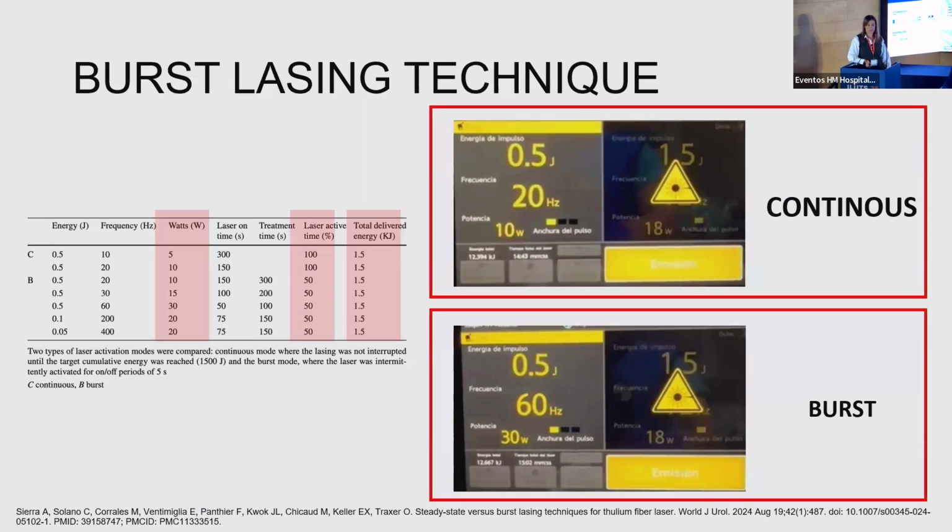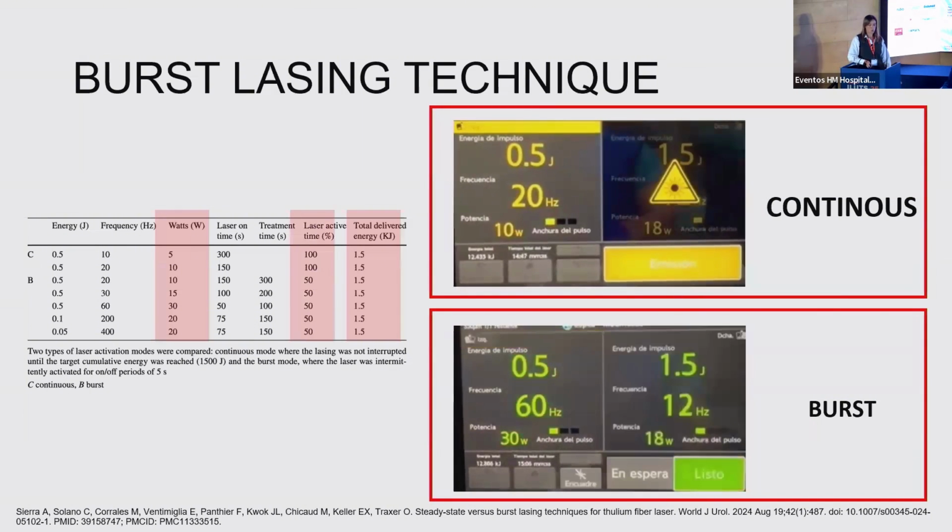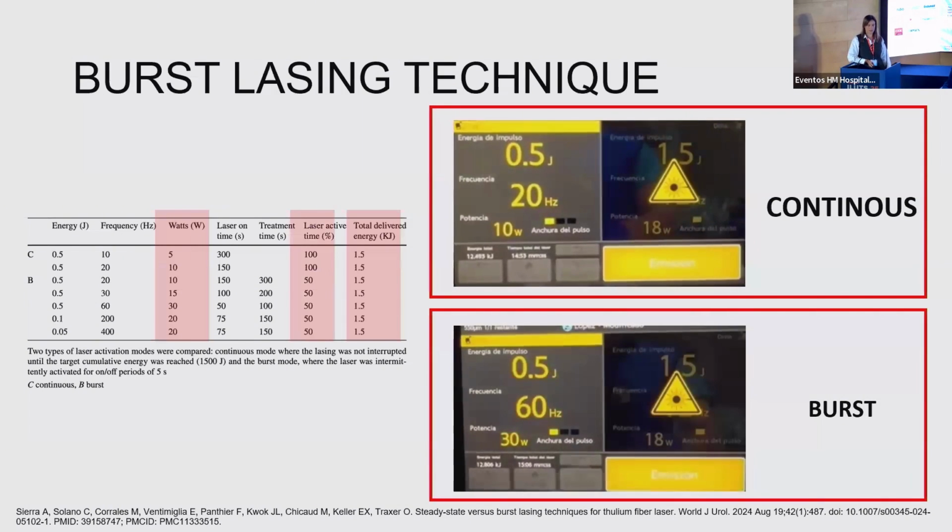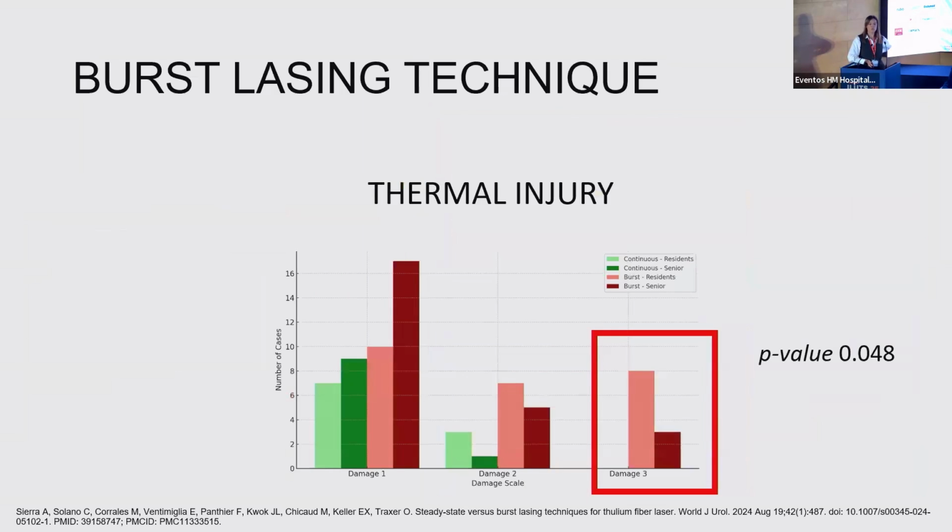You can see here that the pedal in the continuous group is constantly pressed, while in the burst, we stop the laser, we let the media refresh and all the debris go down, and then we reactivate the laser again. So at the end, we conclude that there was more thermal injury in the burst group. So this is something to take into account.